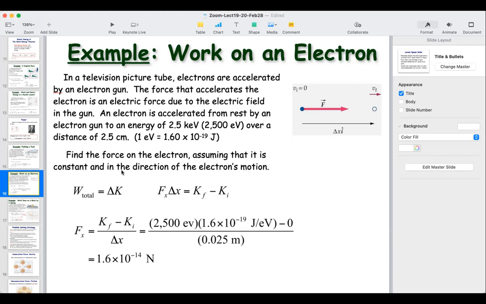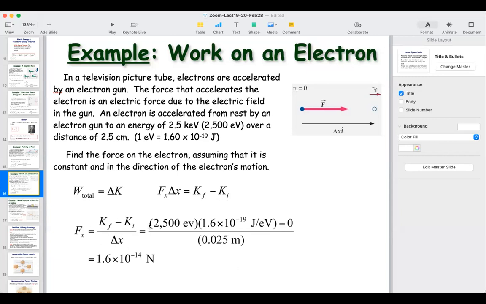Okay, so the force is constant and in the direction of the electron's motion. In this case, we need to find the force. We know that the total work is equal to delta K. The total work is the force multiplied by delta x. Delta K is K final minus K initial. And so from this, we can find that the force is equal to K final minus K initial divided by delta x.